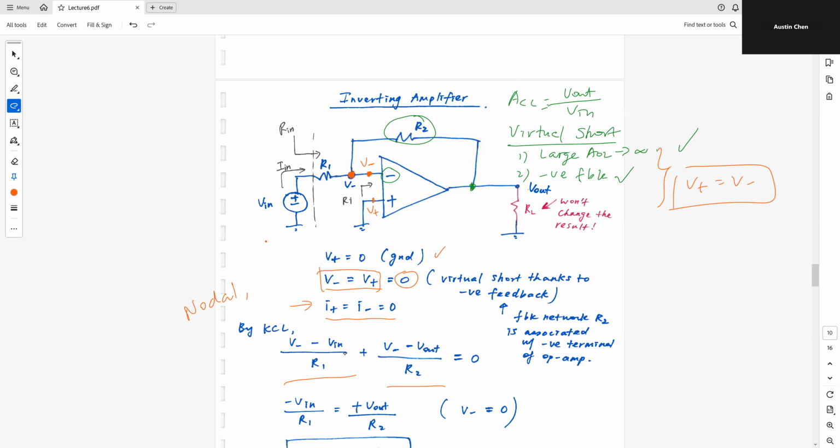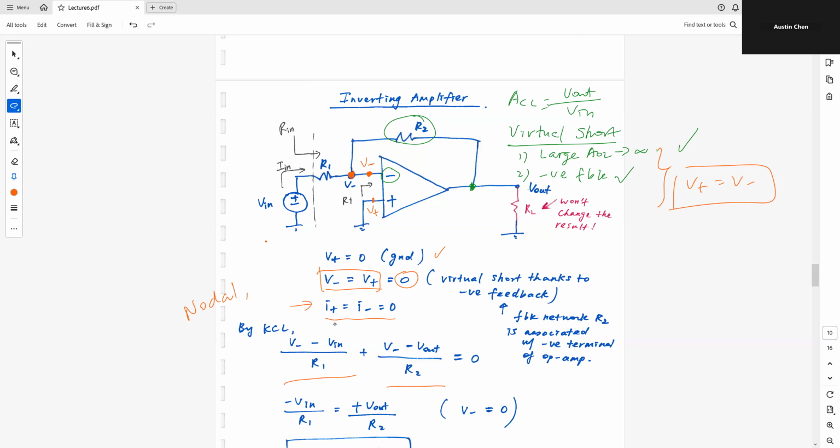Now the next step is also very important. Before you set everything to 0, I want you to take a look at this third branch. Remember, we have 3 branches, so we're supposed to have 3 equations, but we've only talked about 2, this one and this one. The third equation is the current going into the negative terminal, and that current is simply equal to 0.